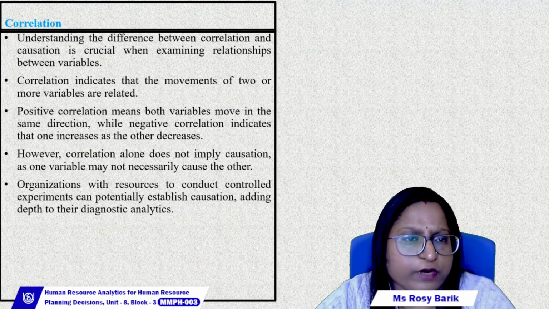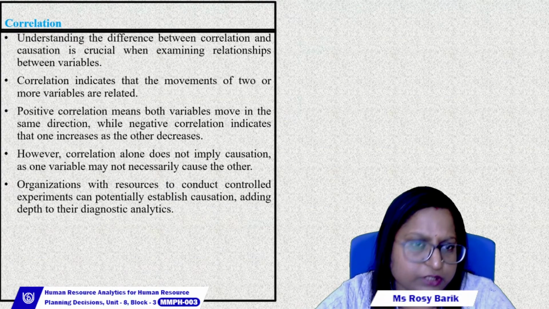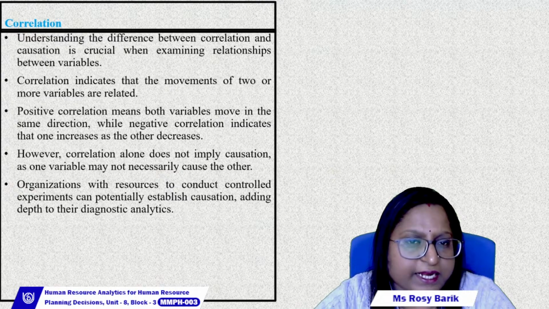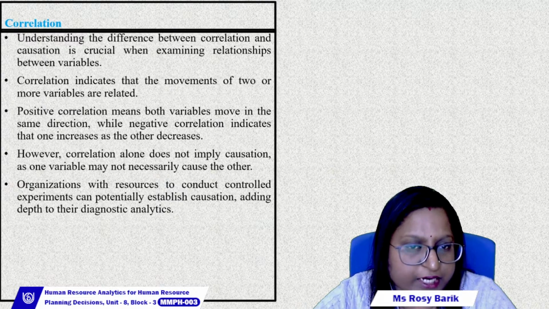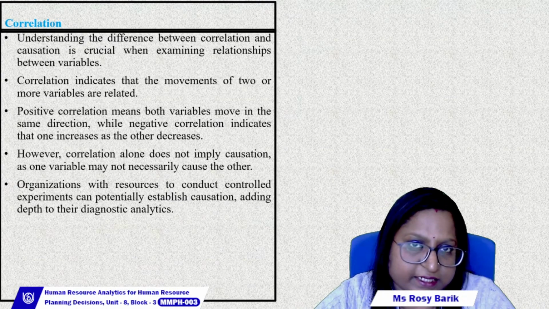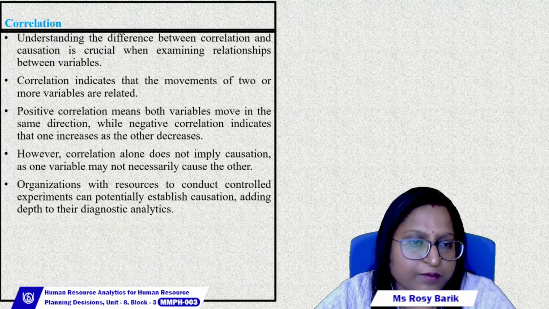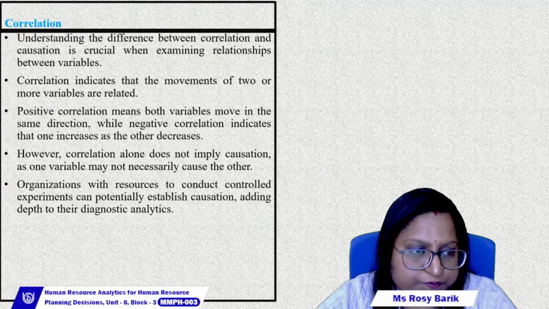Positive correlation means both variables move in one direction, while negative correlation indicates that one increases and the other decreases, meaning they are moving in opposite directions.